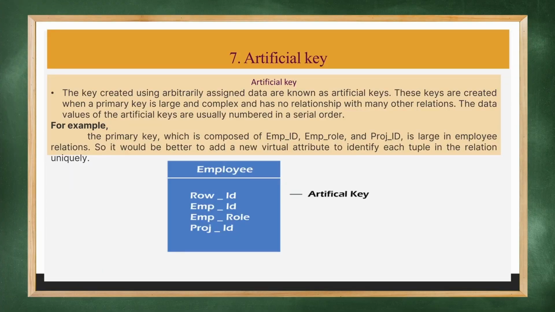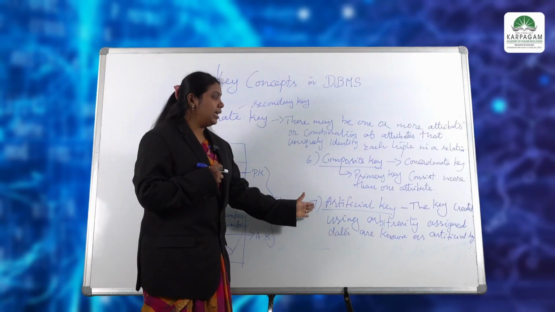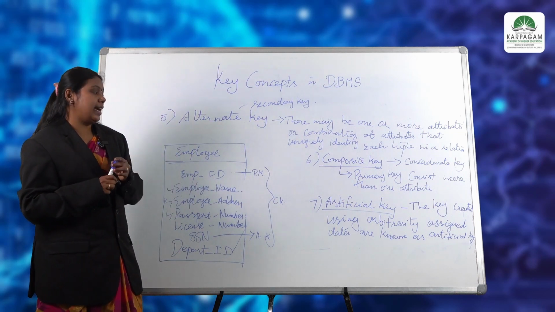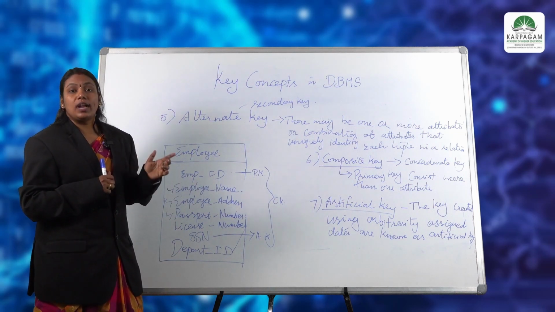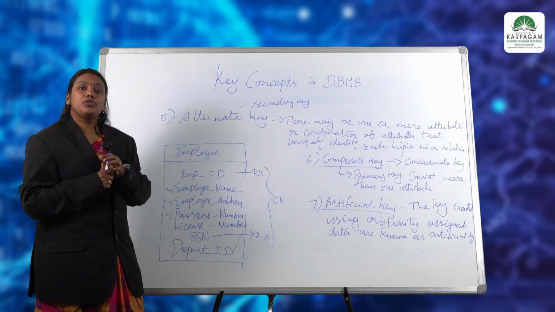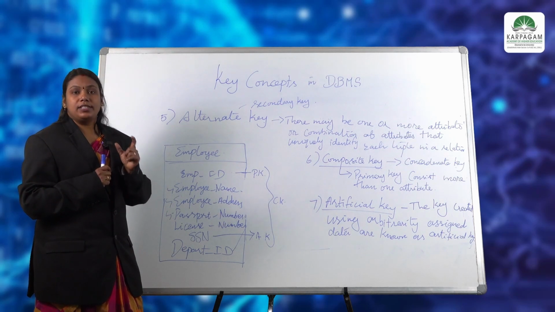Next we will move to the artificial key concept. An artificial key is created using arbitrarily assigned data. For example, in exam valuation, each and every student has an individual register number.